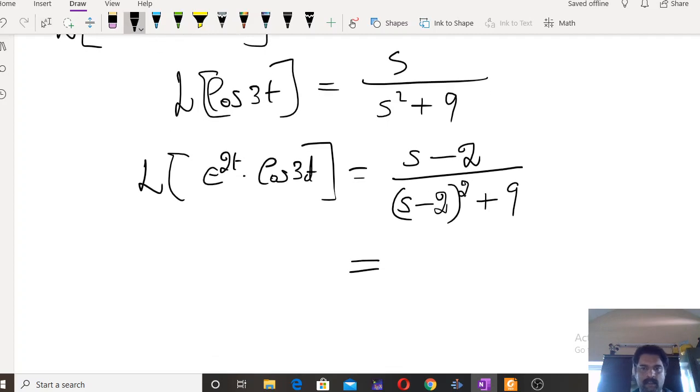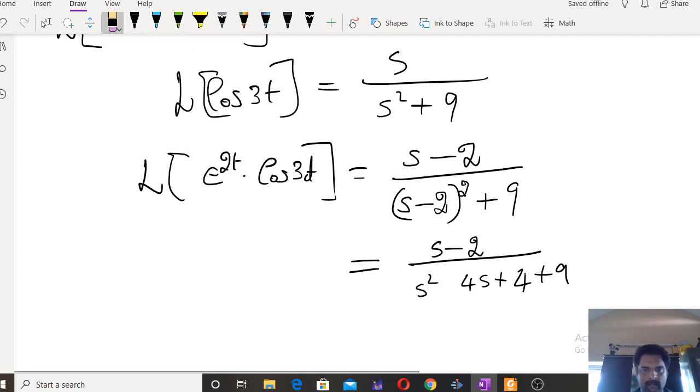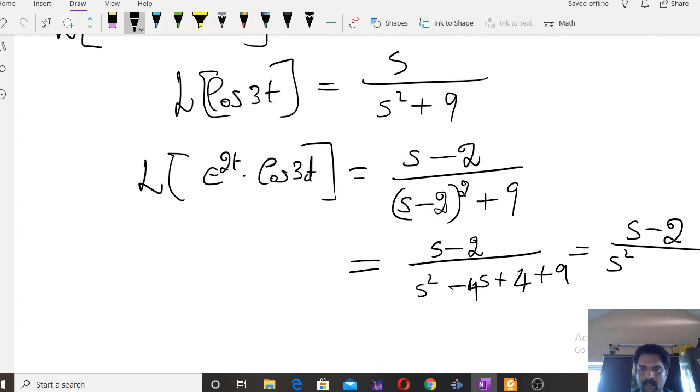Then do it like s minus 2 divided by s square minus 4s plus 4 plus 9, so it is s square minus 4s plus 13, which is in fact equal to s minus 2 divided by s square minus 4s plus 13.